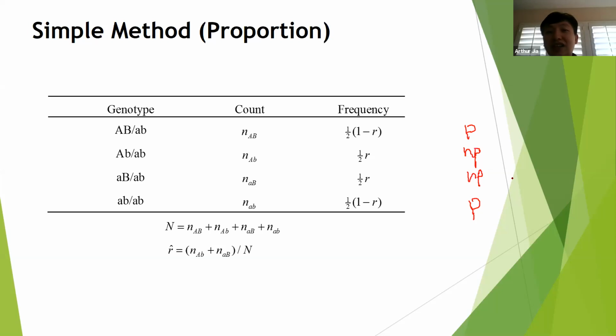If we define the success to be a recombinant, then P equals R. We have a single parameter here, which is R, and this R is equivalent to the P in the binomial distribution. Any problems with this example? Any questions?